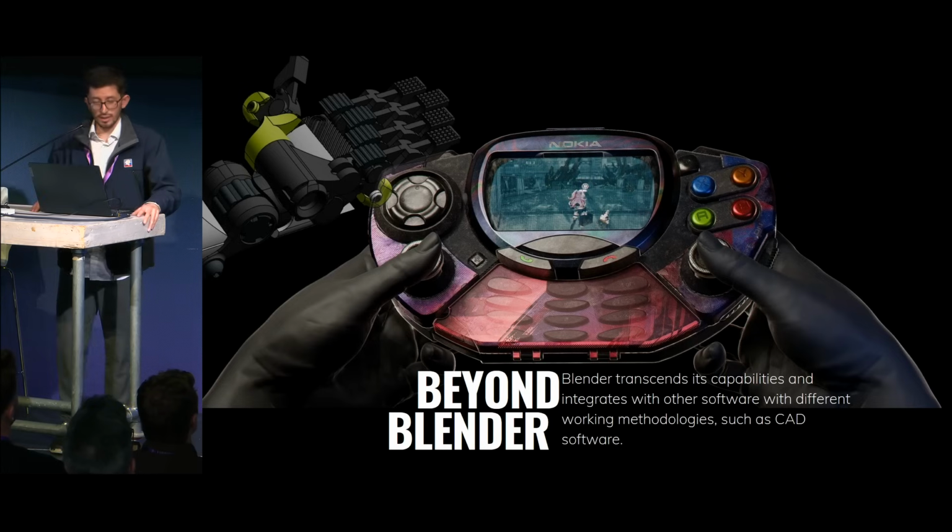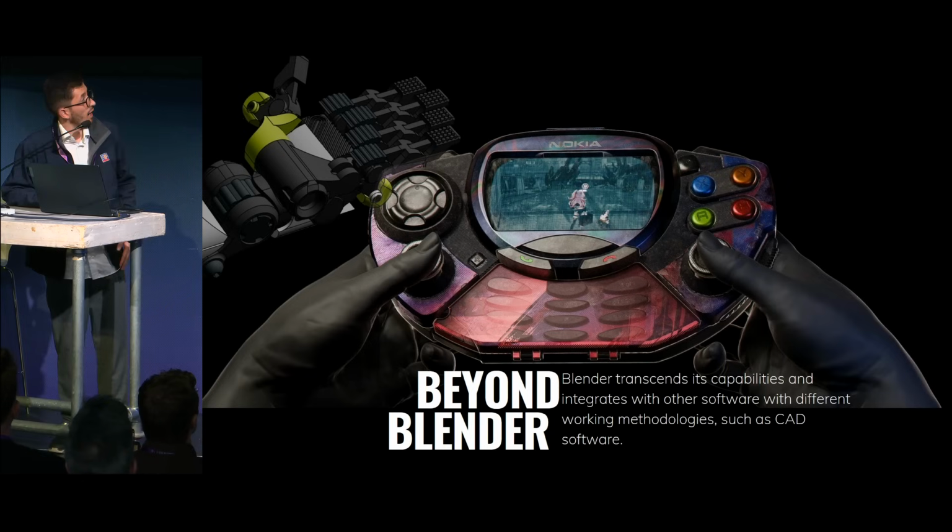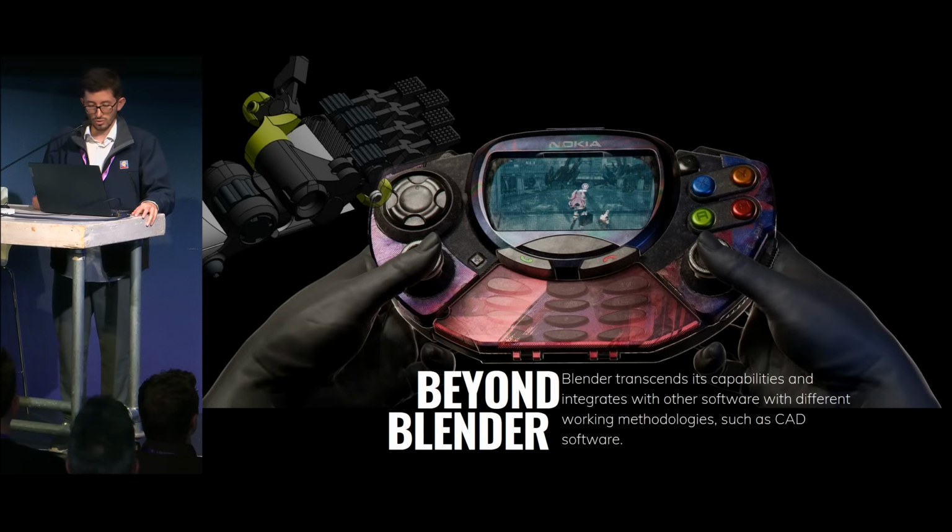And Blender has a lot of good stuff to integrate with other software, even with other methodologies for modeling. In this case, I really like to create hard surface stuff with CAD software. In Blender, you can basically bring a lot of CAD models into it and start cleaning the stuff and produce a game-ready asset.